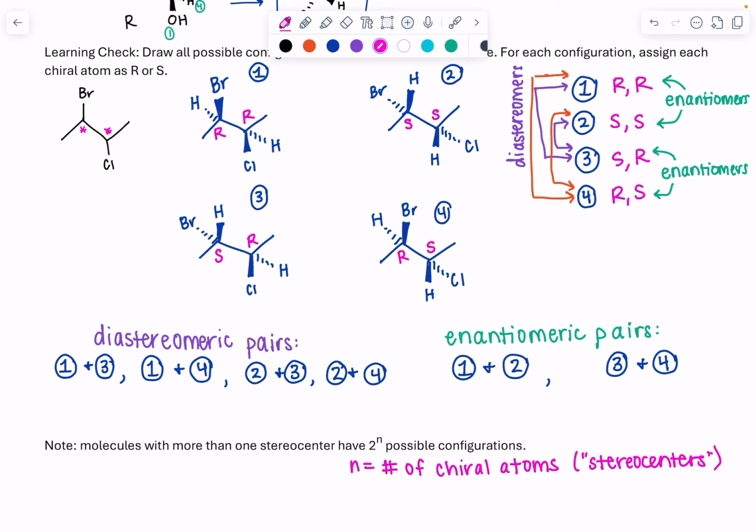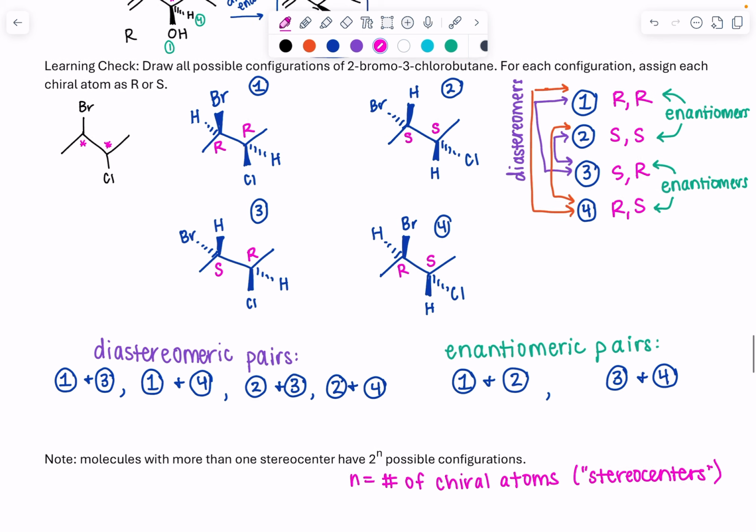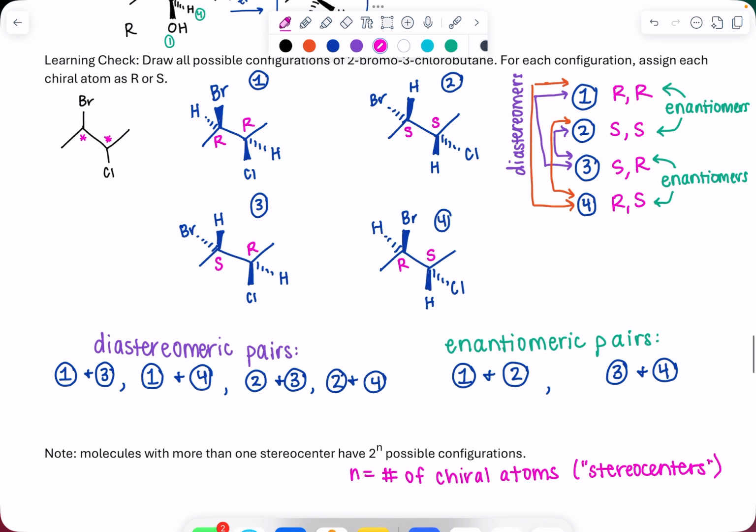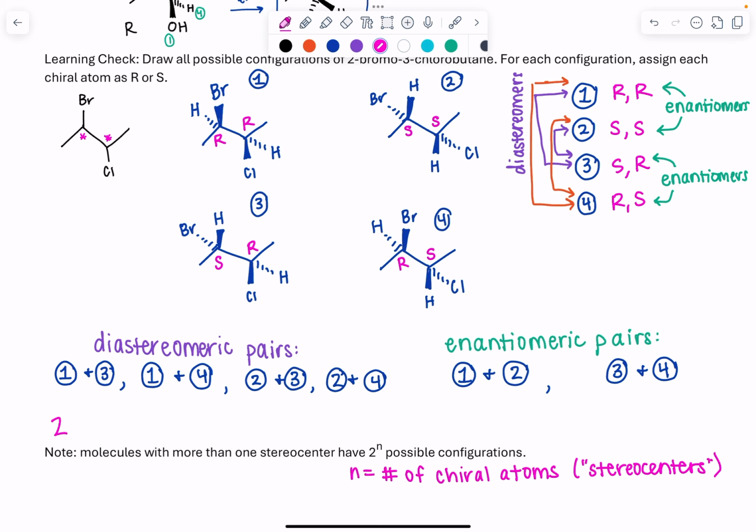And it's 2 to the n because for each chiral atom, there are 2 possibilities. It could be R or S. So for this example that we just went through, there were 2 chiral atoms. So we do 2 squared. This is 4 possible configurations, and that's what we drew.